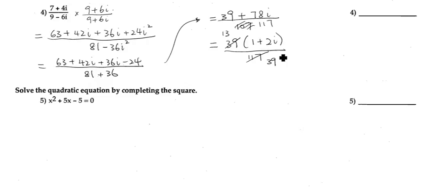Yes. So now divide both of them by 13. You get 1. Divide this by 13. You get 3. So we have 1 plus 2i over 3. But we need to put that in the a plus bi form. So we turn it into 1/3 plus 2/3 i.